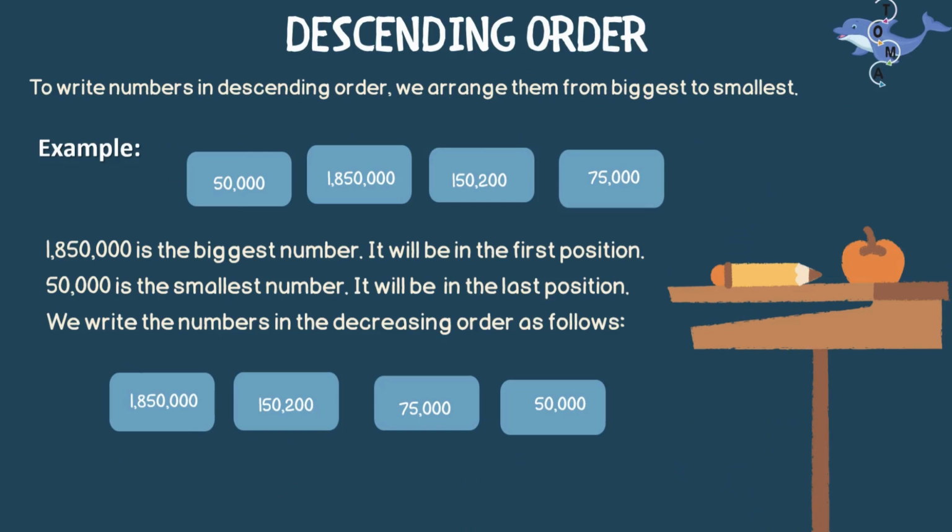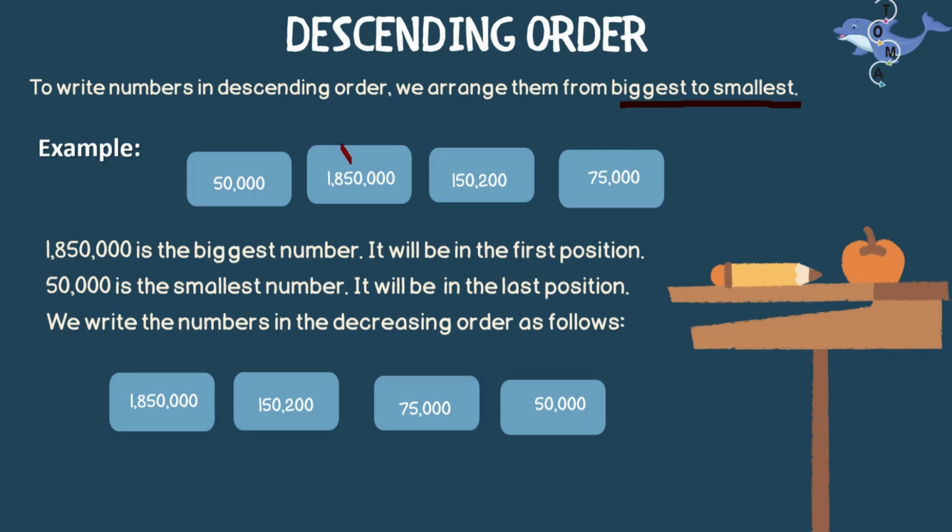Now descending order means that we are going to write the number in decreasing order. To write the number in descending order, we arrange them from the biggest to the smallest. As we have done in the previous example, we have done these numbers in ascending order. Now we are going to write the same numbers in decreasing order.